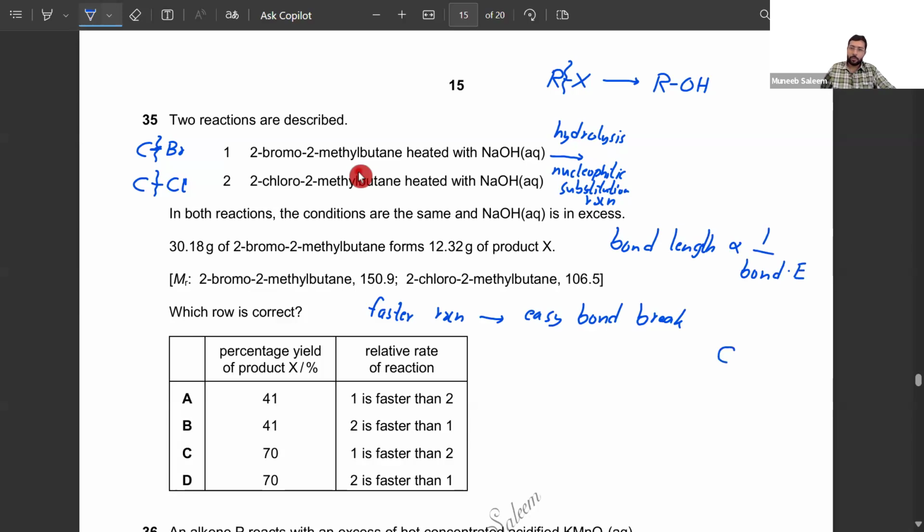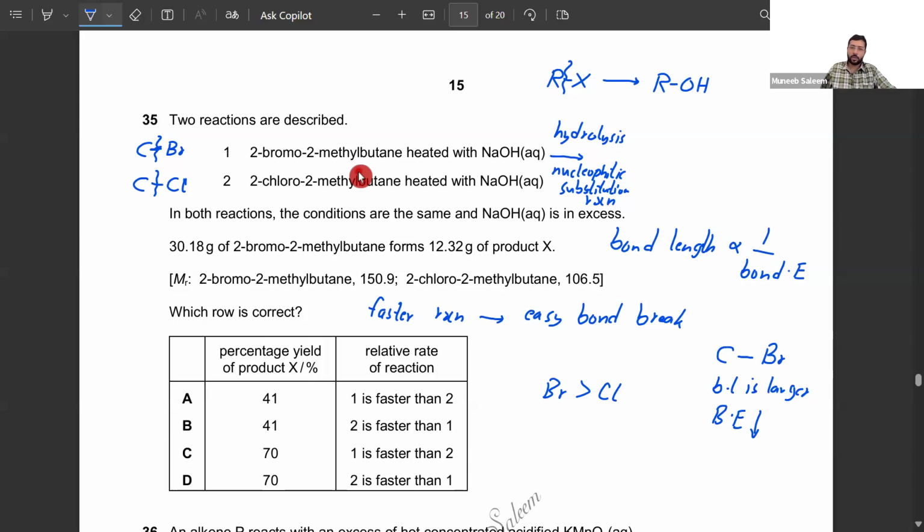So the bond between carbon and bromine has greater bond length. The bond length is larger in this case because the size of the bromine is greater than the chlorine. That's why the C-Br bond is longer, and that's why the bond energy is less in the C-Br as compared to C-Cl.